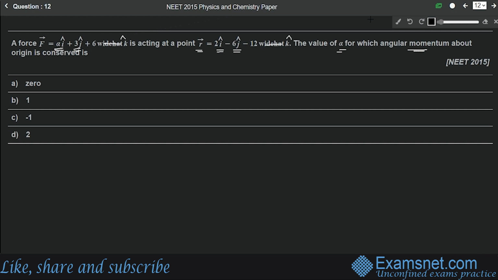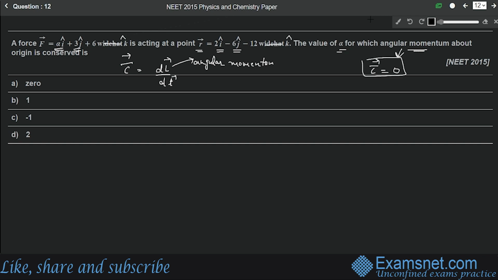We know that the torque is equal to dL upon dt, where L is the angular momentum. It is given that the angular momentum about the origin is conserved. It means torque will be 0.